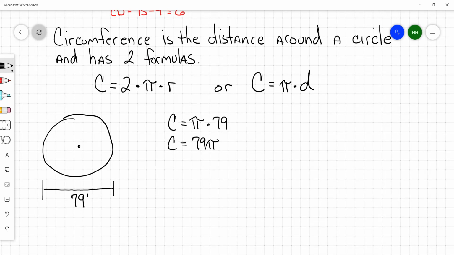You'll also be asked to round your answers to the nearest tenth or hundredth. So if we round to the nearest hundredth, we're going to set the calculator to second fix 2, and then you push 79 times the pi button on your calculator and you hit equals. So I get 248.19.